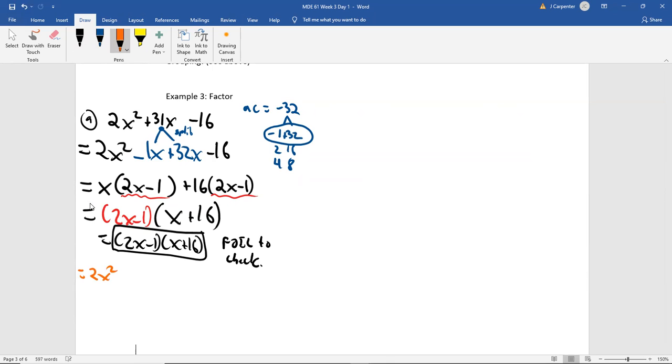Your outer 2x times 16, I'm sorry, is not 16x, that's 32x. Negative 1 times x is a minus 1x. Negative 1 times 16 is a minus 16. You have like terms in the middle. 2x squared plus 31x minus 16, and it works.